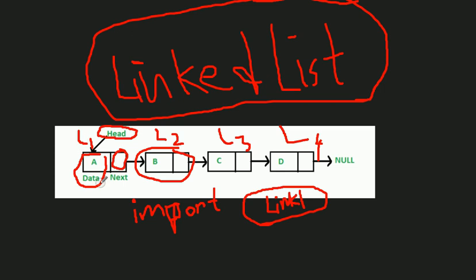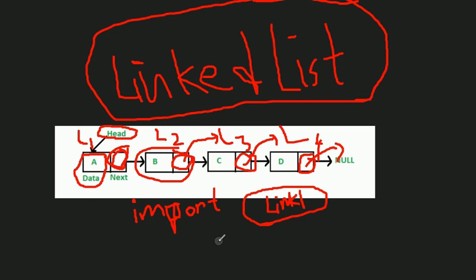L1 will have data of itself, and also it will have the address box of L2. L2 will have the address box of L3, L3 will have the address box of L4, and L4 won't have any address box, so there won't be anything left after that. This is the primary diagram idea of a linked list.